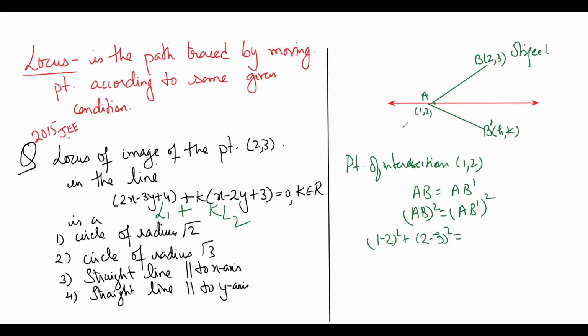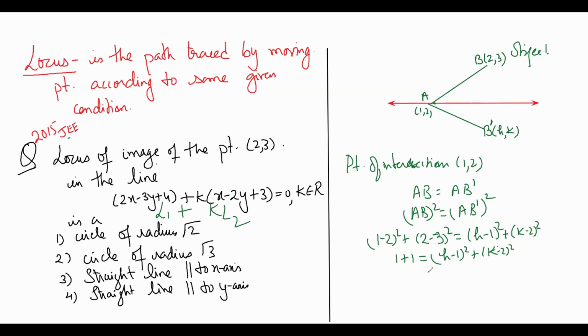And on the RHS I get (h minus 1) whole square plus (k minus 2) whole square. This is 1 square, so this comes out to be 2, and on the RHS I get (h minus 1) whole square plus (k minus 2) whole square.